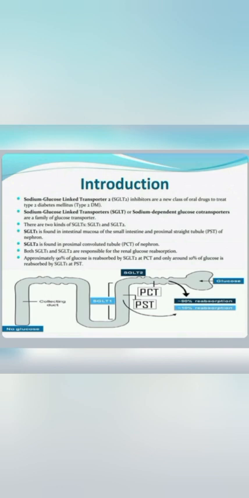SGLT glucose transporters are of two types, SGLT1 and SGLT2. SGLT1 is found in the intestinal mucosa of the small intestine and the proximal straight tubule of the nephron, and SGLT2 is found only in the proximal convoluted tubule of the nephron. Both SGLT1 and SGLT2 are responsible for renal glucose absorption.